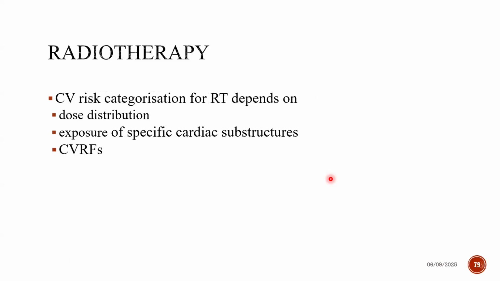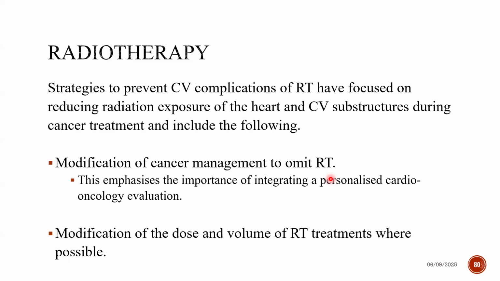Cardiovascular risk categories for radiotherapy depend on, one, the dose distribution and exposure of specific cardiac substrates, and then the patient's underlying cardiovascular risk factors. Strategies to prevent cardiovascular complications from radiotherapy have focused on reducing radiation exposure of the heart and cardiovascular substructures during cancer treatment.